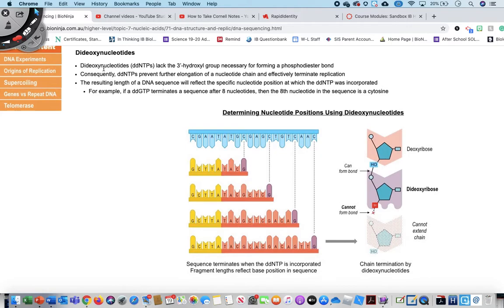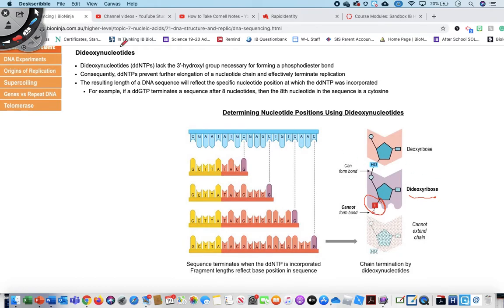These dideoxynucleotides, or ddNTPs, are a form of nucleotides, but they lack the 3' hydroxyl group necessary for forming a phosphodiester bond. As you can see here in this picture, here's an example of a dideoxy nucleoside. It lacks the 3' hydroxyl group, so it cannot form bonds and it cannot extend the DNA chain.